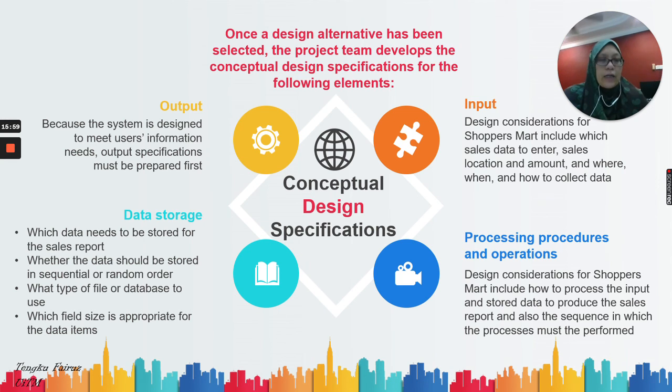So dia kena letaklah dalam prosedur dia what the process must involve. Okay, so dalam proses tu mungkin ada step-step dia, prosedur that need to be followed. Okay, so those are the 4 elements that need to be in the conceptual design specification.